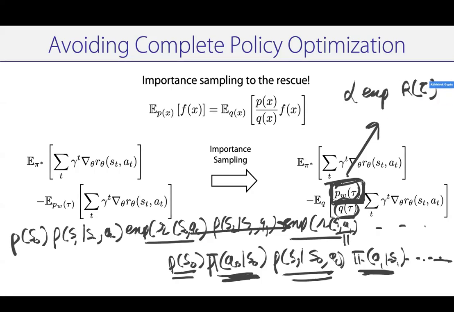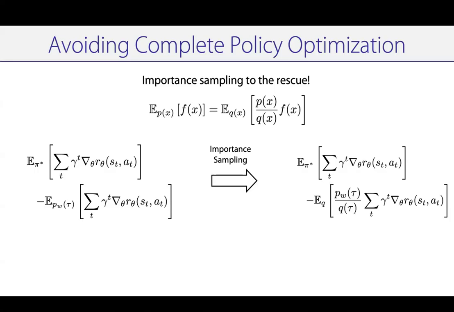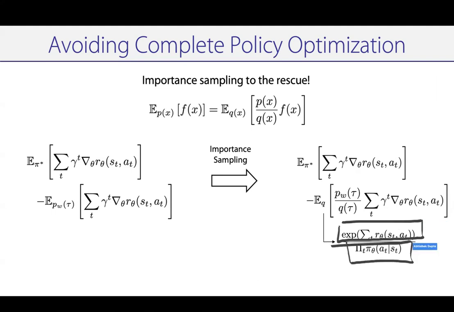That is the whole premise of this distribution. So P_W of tau is proportional to the exponentiated sum of rewards. The numerator becomes the exponentiated sum of rewards, and the denominator becomes the product of the policy likelihoods. This is something you know, and so you can evaluate your importance weight.